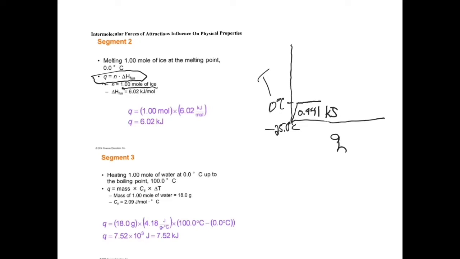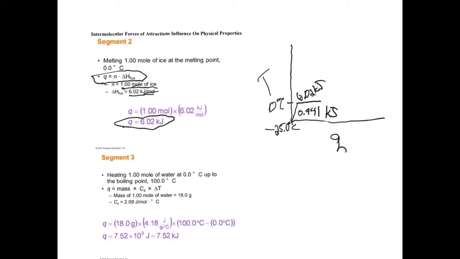And freezing, you can look at that. So delta H of fusion is 6.02 kilojoules per mole. So we plug that in, and we can calculate that segment 2, since there is 1 mole, is 6.02 kilojoules, because the moles cancel out, right?